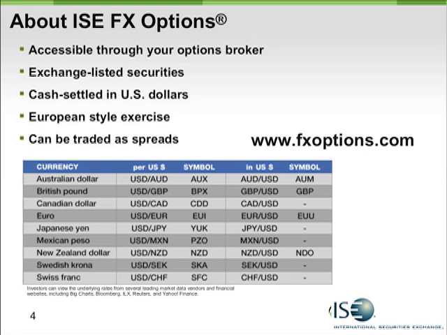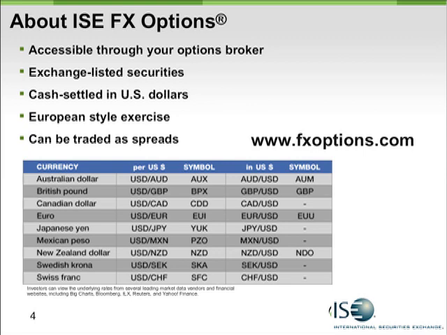Now, about the ISE's FX options, it's really been made very accessible through your options broker. These are exchange-listed securities that are cash settled in U.S. dollars. When we talk about exercise, it's a European-style exercise, meaning the expiration is the only time that you can see an exercise.